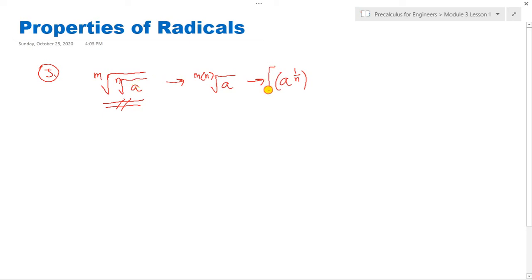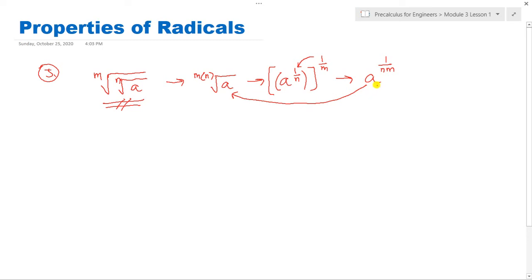So therefore, you can enclose this, raised to 1 over m. So therefore, by the multiplication law of exponents, you just simply multiply these two. So this would be written as a raised to the power of 1 over n times m. So therefore, if we convert it back to a radical expression, it will look like this.